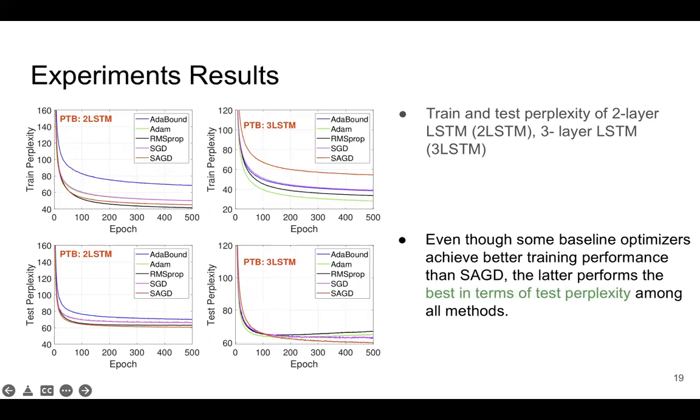And here is the 2-layer LSTM and 3-layer LSTM training and testing. We see that for the training perplexity, the method Mass POP here is better than SAGD, right? But for the test data, the proposed method is much better than all other methods.